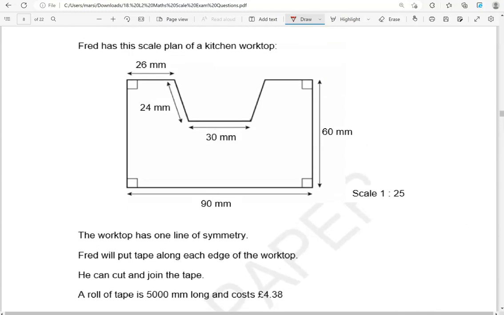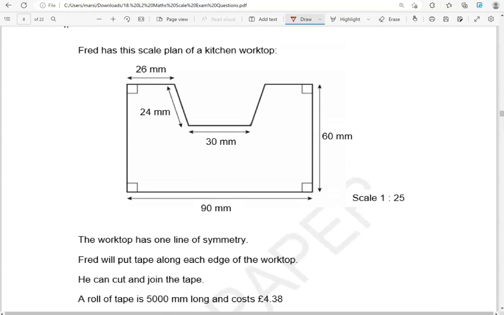So if the shape has a line of symmetry, then that must be here. It shows that both sides will have the same dimensions. So this one here is 26 millimeters and this is 26 millimeters.